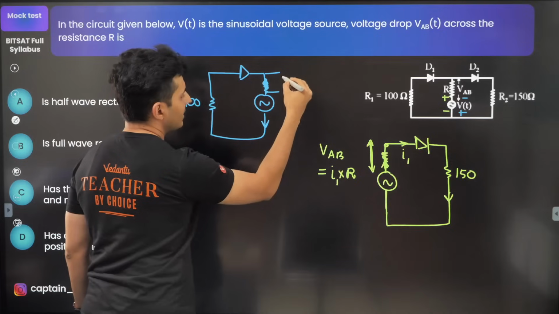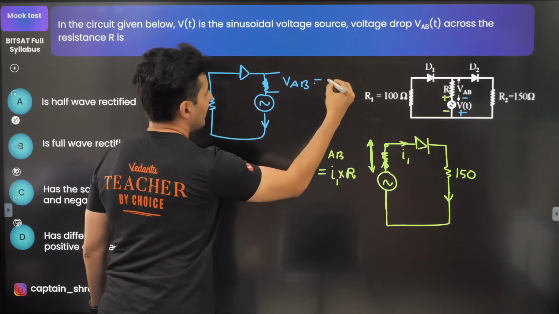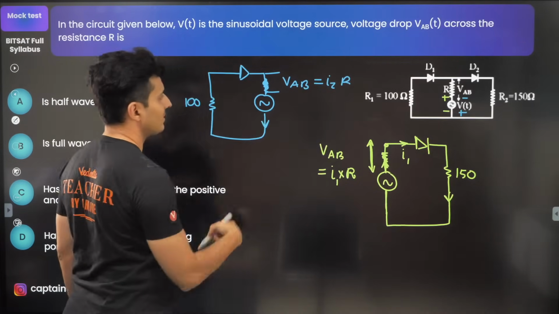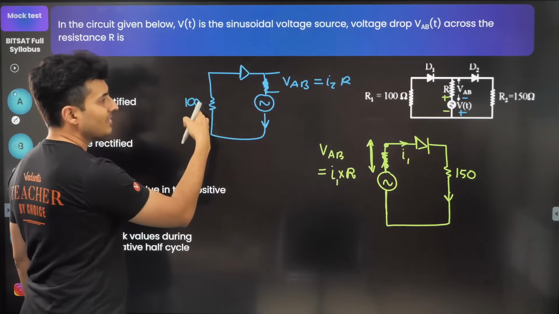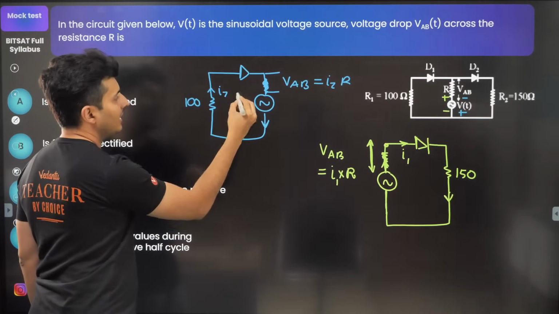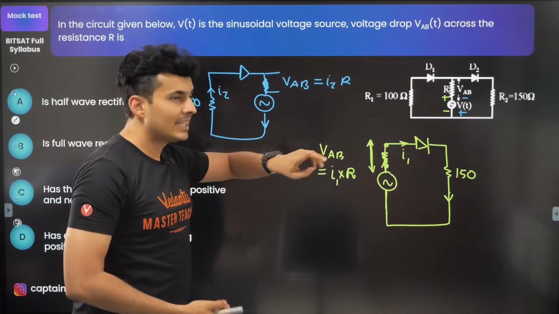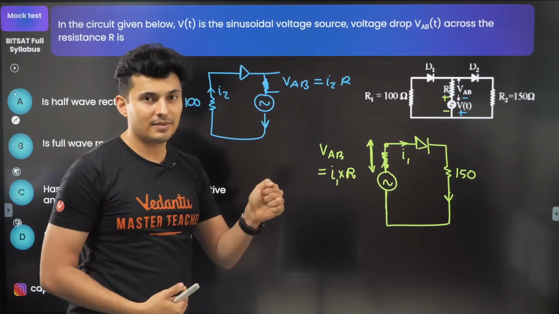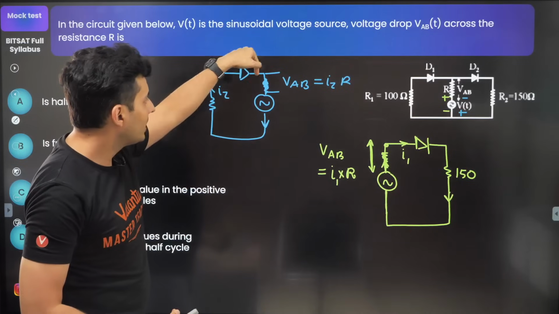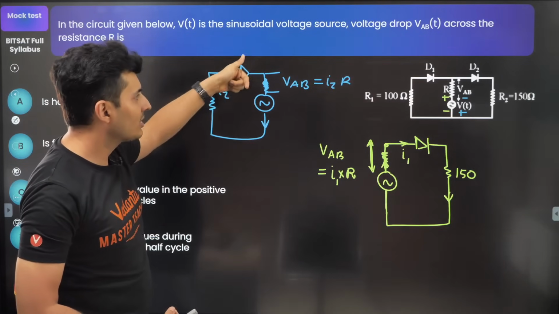Now again, if you measure that voltage, this time it will be a different current into resistance. Why? Because this is 100 ohms, so this current I2 will be completely different. What does this tell you? In each cycle the voltage is different, and the voltage is also going to keep on switching.